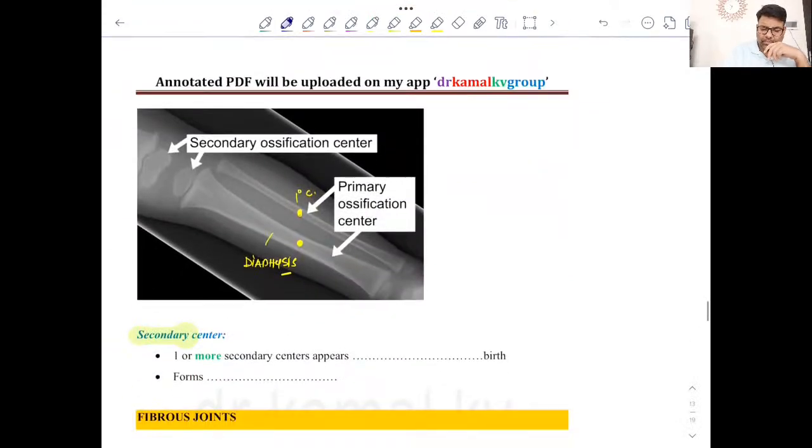On the other hand, there are two secondary centers. So these are the secondary centers here, right? So one or more secondary centers appear after birth. So they appear after birth, and they are developing which part of the bone? I think everyone can answer that this is epiphysis.